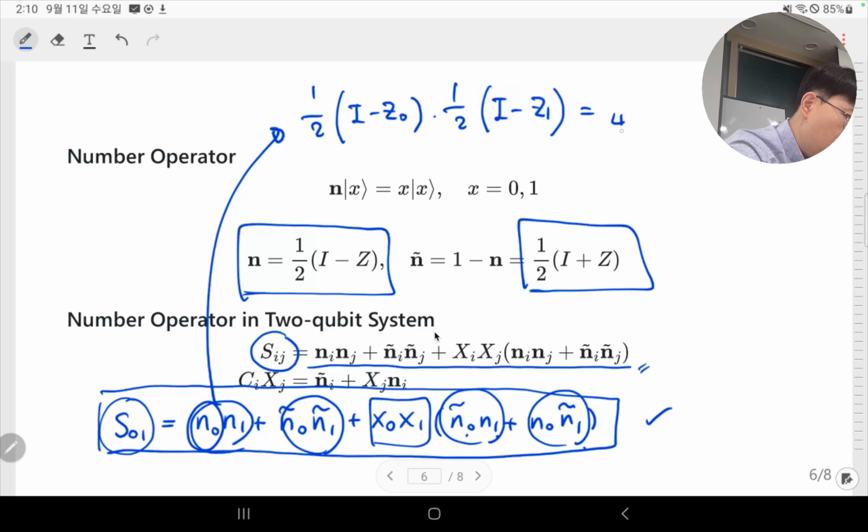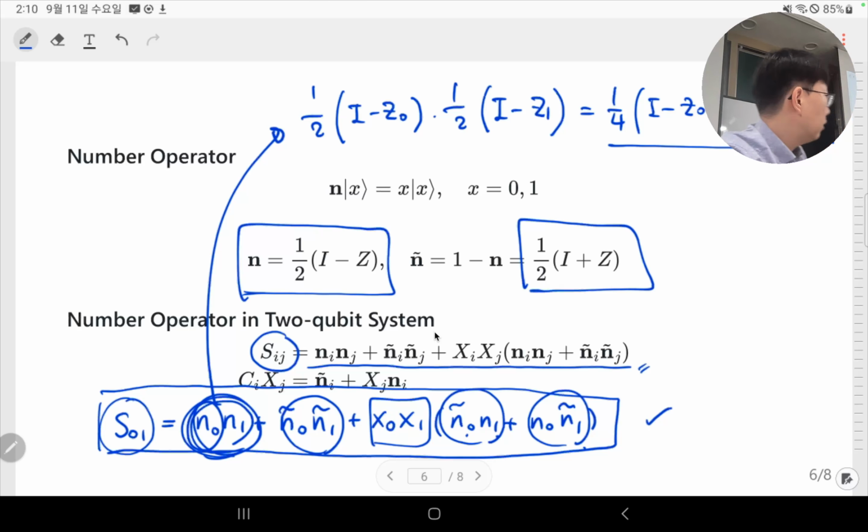So this means 1 over 4 (I minus Z0 minus Z1 plus Z0 Z1). So this one term is written as the sum of 4 operators, and you can do the same thing for the others, and write everything only in terms of X and Z gates.